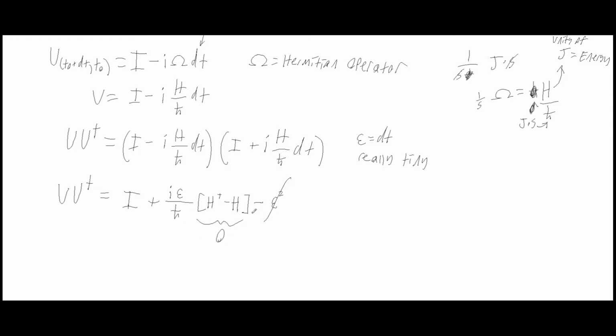That tells us that this is a Hermitian operator, because if it's Hermitian, then H has to be equal to its transposed complex conjugate. So if we have H minus that, it has to be equal to 0. That is how we know that H is going to be Hermitian.